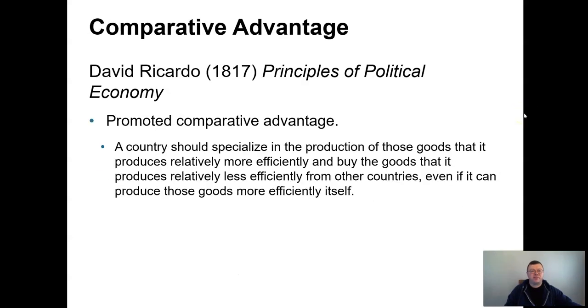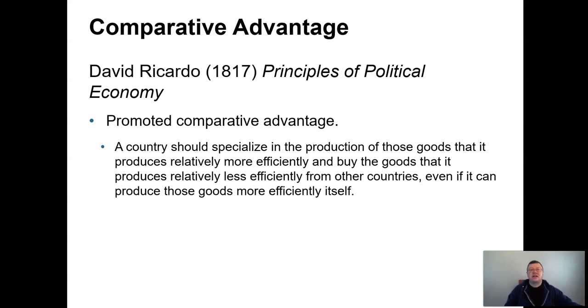A contemporary of Adam Smith was a fellow named Ricardo, who wrote a popular book in 1817. Notice this is somewhat 20, 30 years after 1776 and The Wealth of Nations. And he took it a step further. He said, it doesn't just have to be absolute advantage.